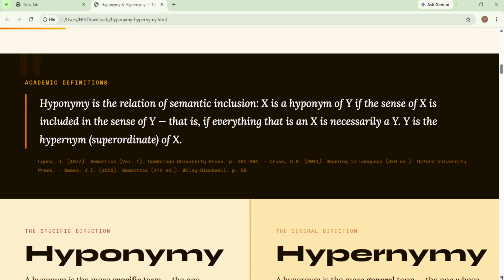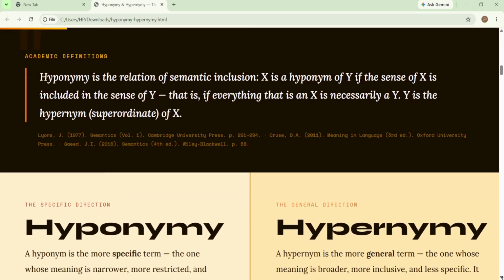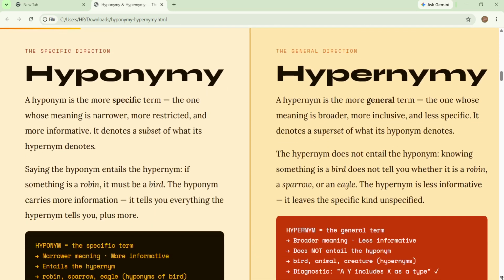So this is how you build lexical relations. Let's look at the definition. Hyponymy, first one, which is the specific direction. Hypo, as I said, upward movement. So the hyponym is the most specific term, the one whose meaning is narrower, more restricted, and more informative.